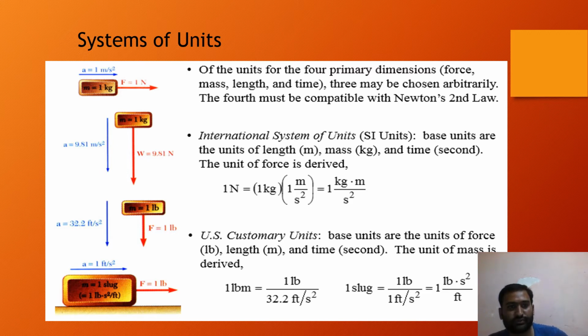Okay, let me define the units: four primary dimensions. One, force; the second is mass; third is length; and the last one is time. Three may be chosen arbitrarily. The fourth must be compatible with Newton's second law.